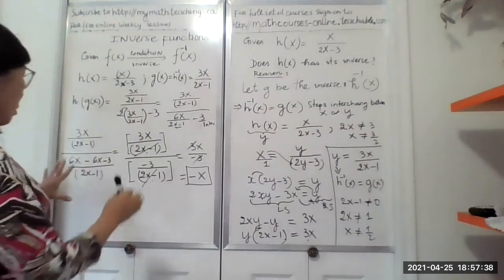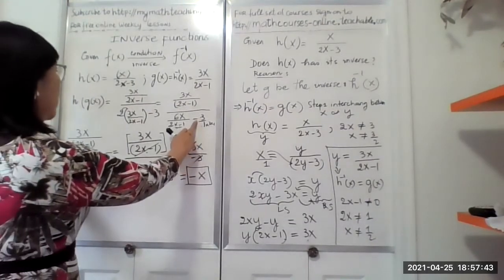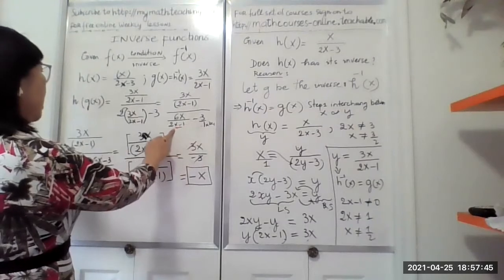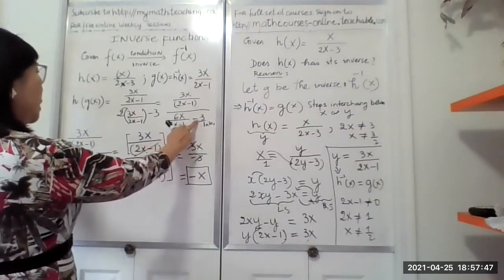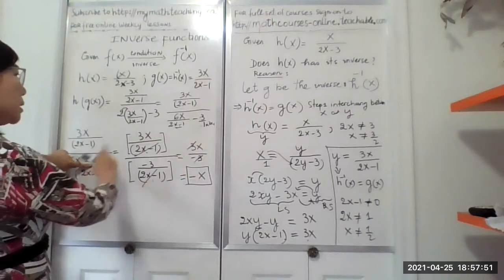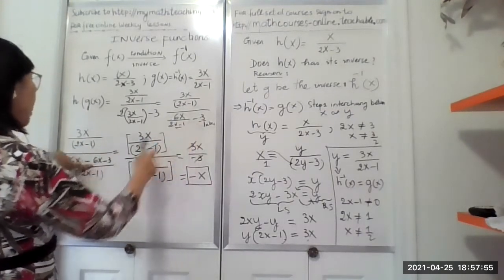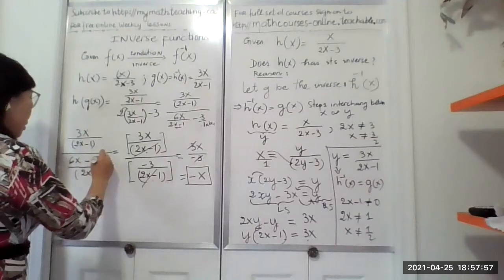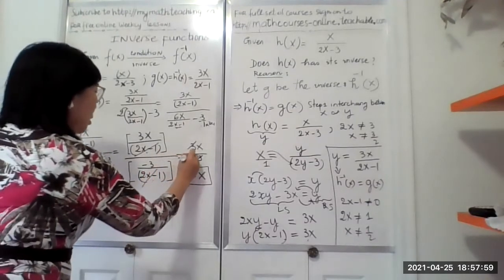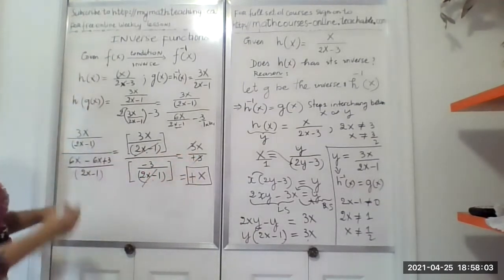Okay, let me see if I make any sign error. So when I times this, minus times 2x is minus 6x, but minus 3 times minus 1 should be positive 3, sorry. So this should be positive, and this should be positive.